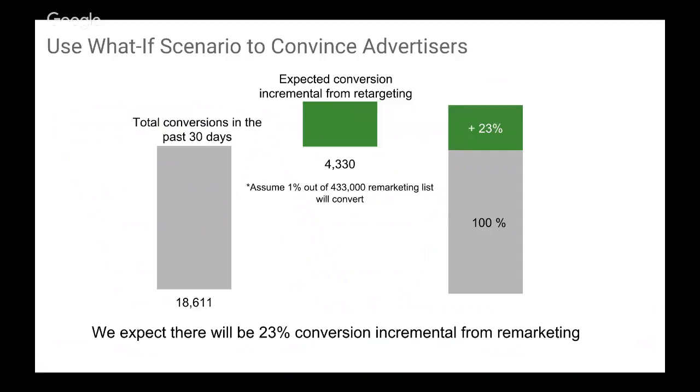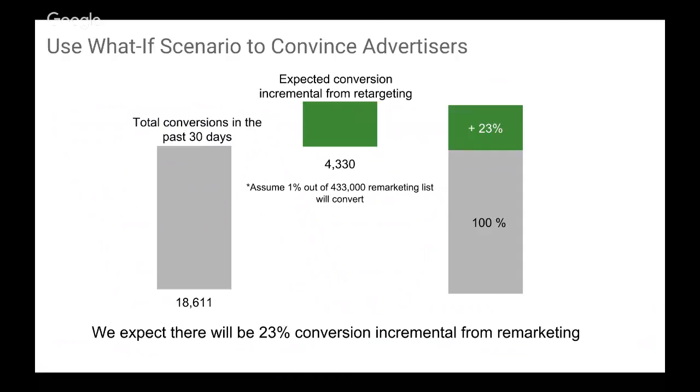A lot of the time, I think it's important to use some kind of what-if analysis to convince your advertisers. For example, some of the advertisers that we have seen don't do any remarketing. In order to convince them why it's important to do remarketing, you can give them some kind of what-if scenario.